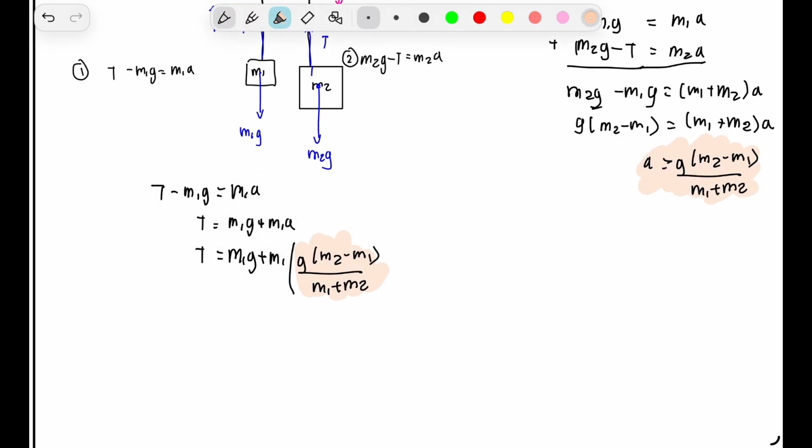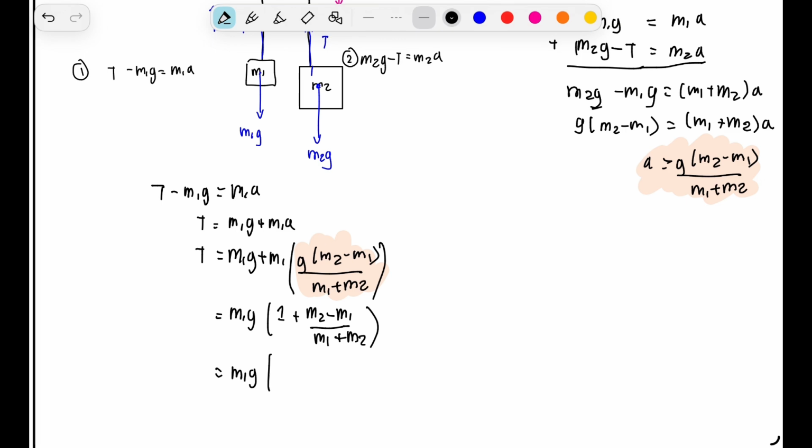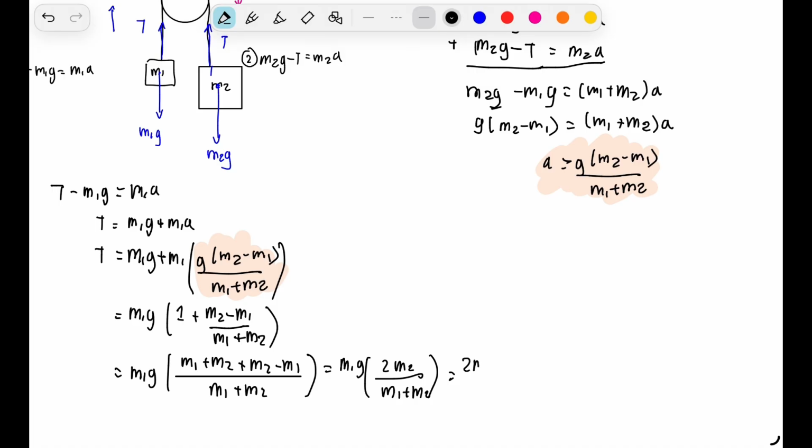Basically we just took this. Now this is going to become m1g, so we get, and you have 2 m1 m2 g all over m1 plus m2.